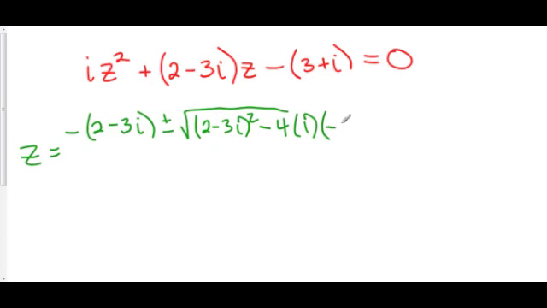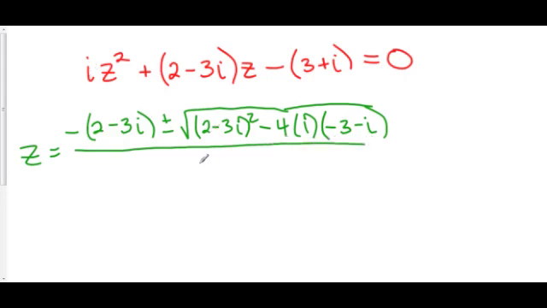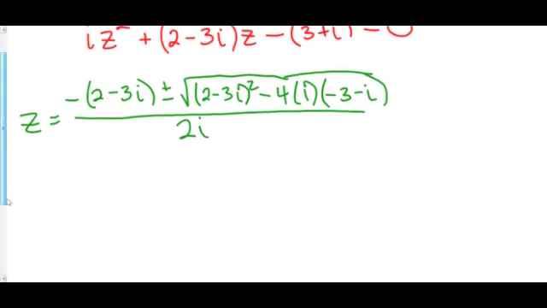Well, that's negative 3 minus i if you distribute the negative to both the 3 and the i, which is much easier to do in this case. And this is all over 2a, that's 2 times i, which is 2i. This is horrendous.